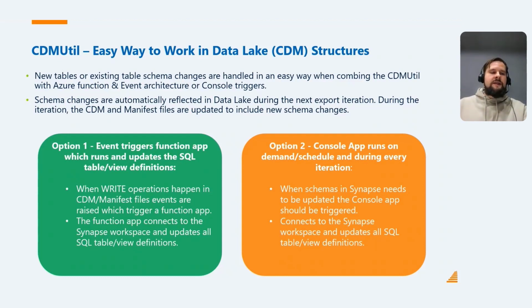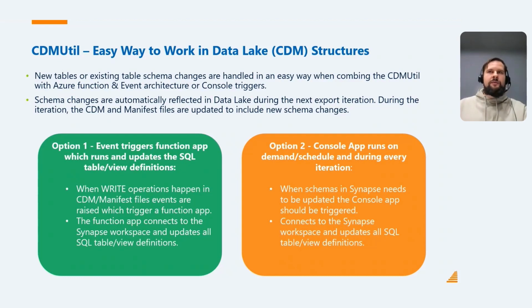If you want the schema changes to be handled automatically, then you need to deploy it as an Azure Function app. If you're familiar with Azure services, this is simply a web service that runs on demand on your Azure subscription, and it is triggered by an event. This event is raised from your Azure blob storage.